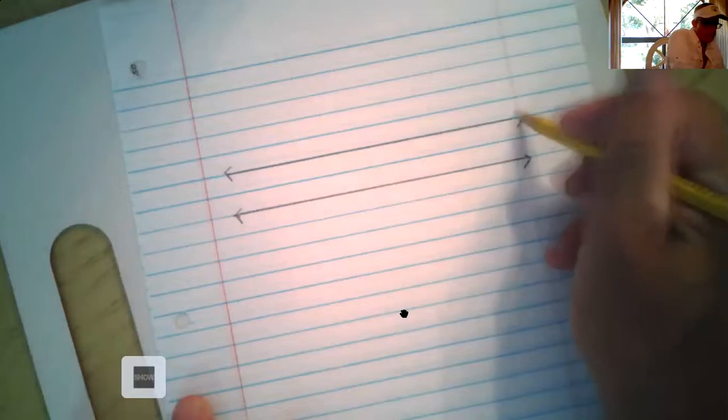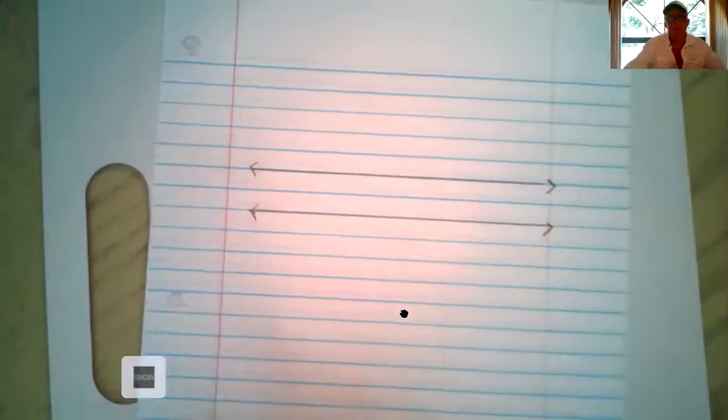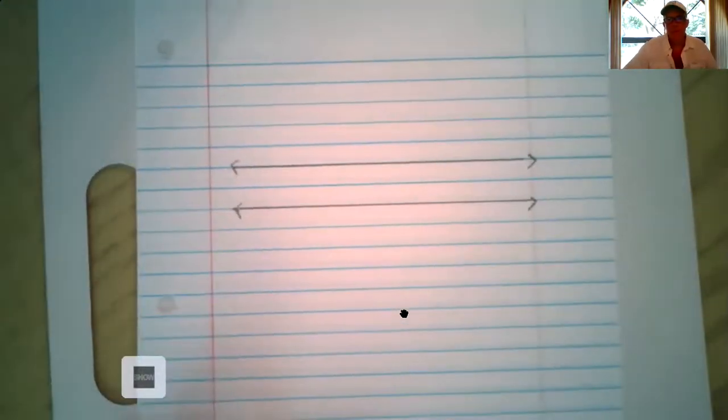If I kept going with these two lines all the way off the paper and through the walls one way and all the way through the walls another way, and then do the same thing with this line, would they ever touch? Would they ever touch if they remained a straight line?